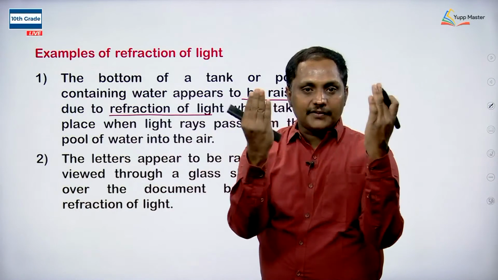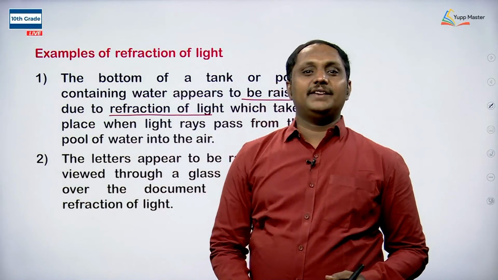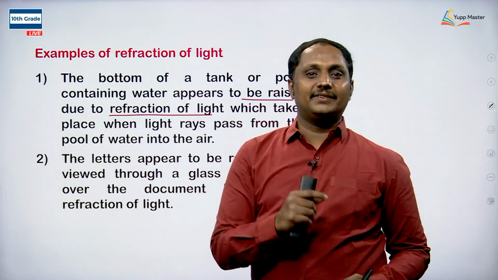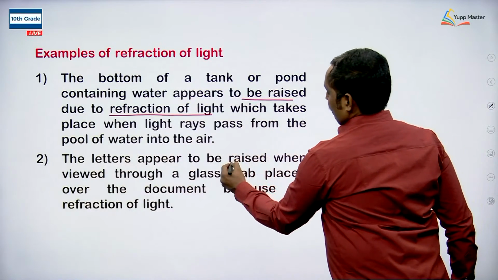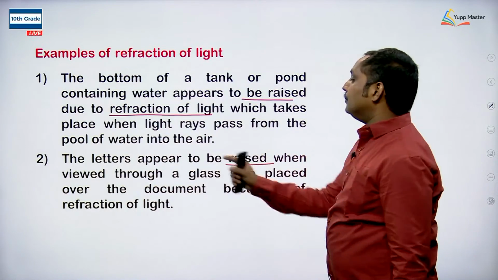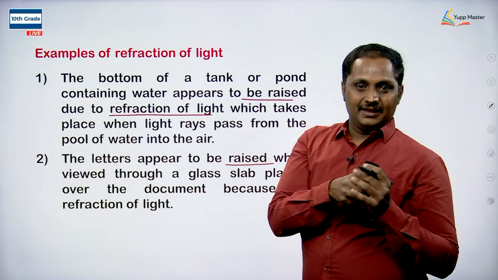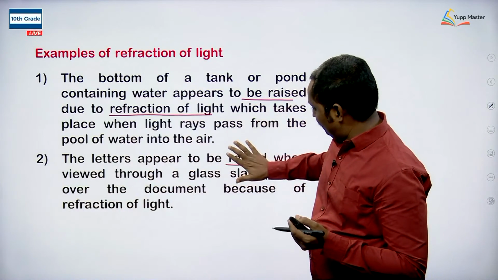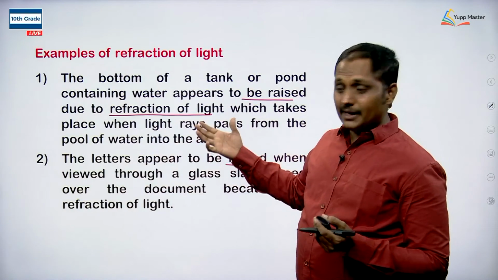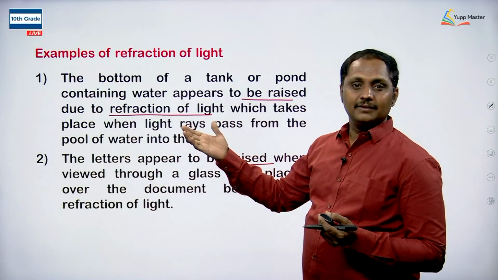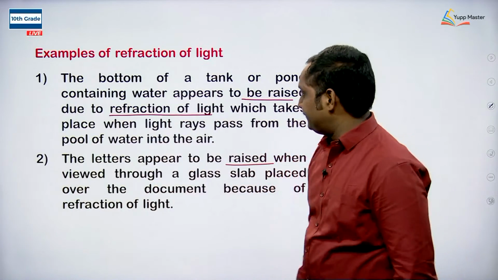With the help of some glass material, there exists a change in size. They appear bigger. The letters are raised. When viewed through the glass slab, the letters appear raised from their original position with a slight variation. So, this is the consequence of refraction of light.